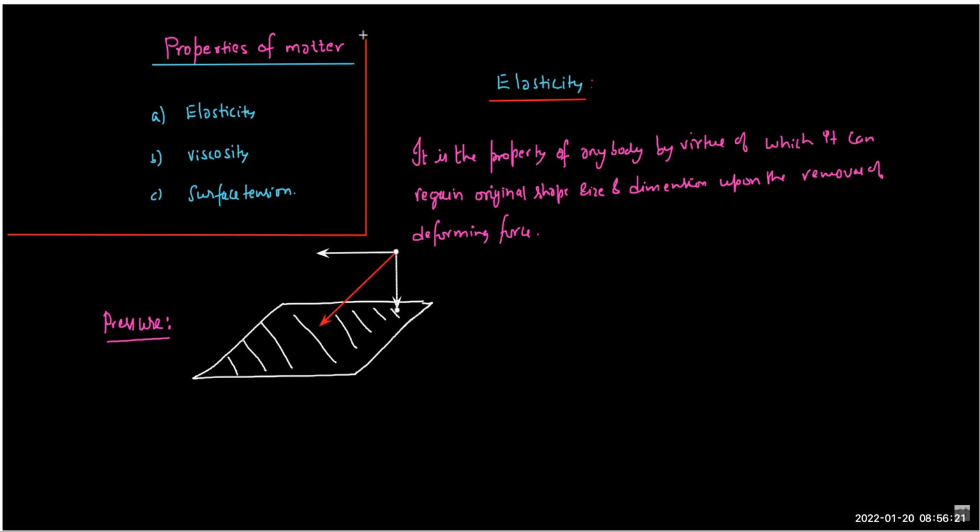So the actual force is the red one. Let's call it F. This is theta. The horizontal component is F cos theta, and the vertical is F sin theta.